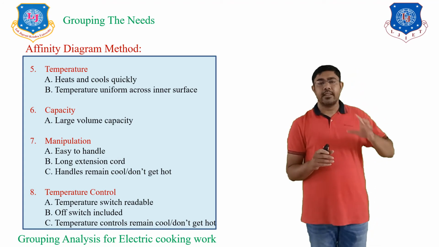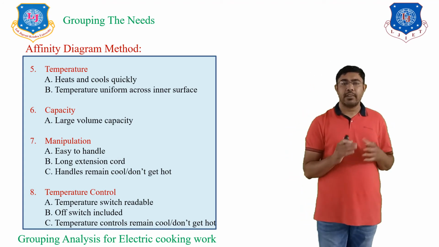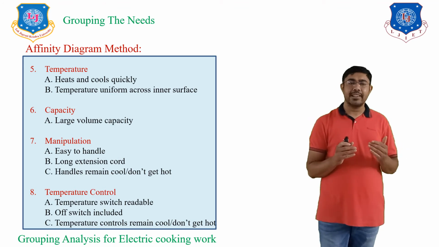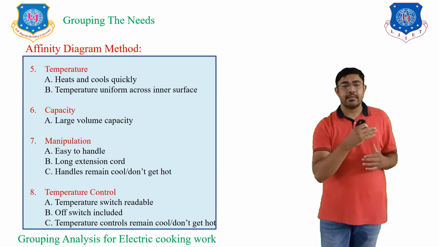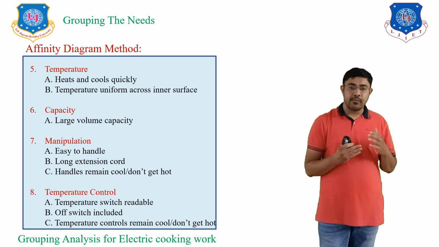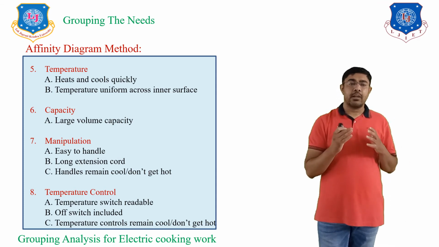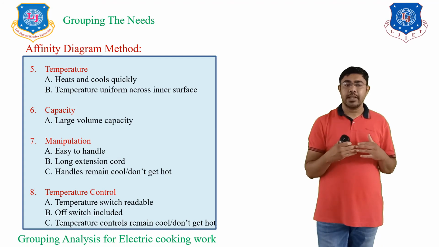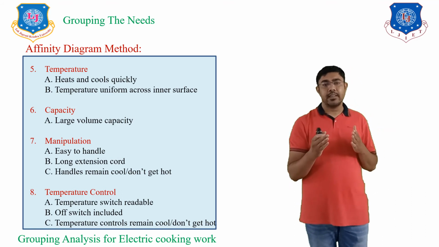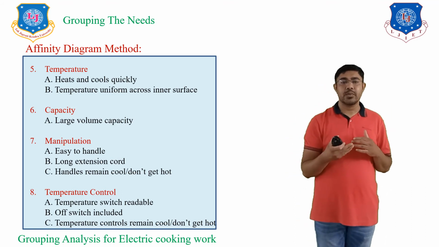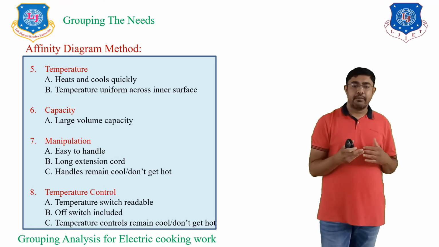If you learn this case study, you can easily understand how the grouping of interpreted needs is done by the affinity diagram method. If you don't understand it, you have to first learn the case studies we use in this type of method.